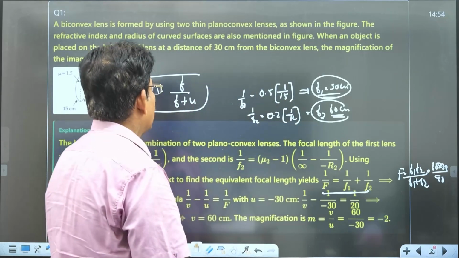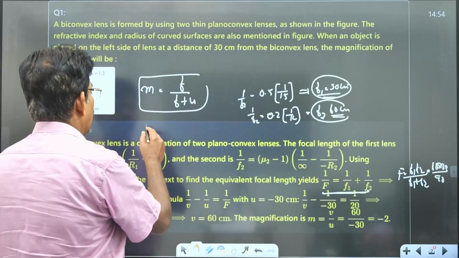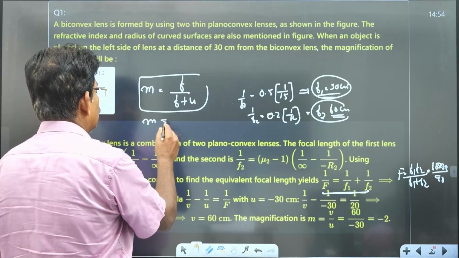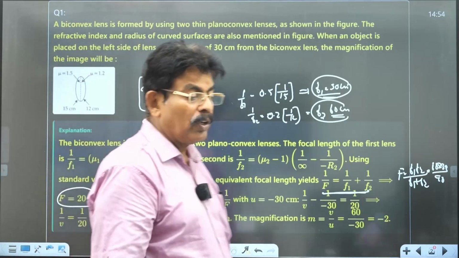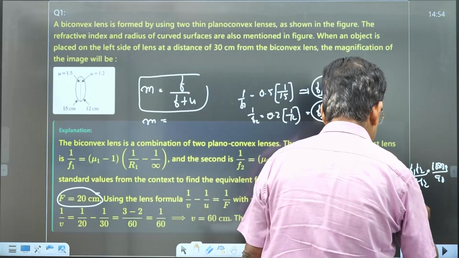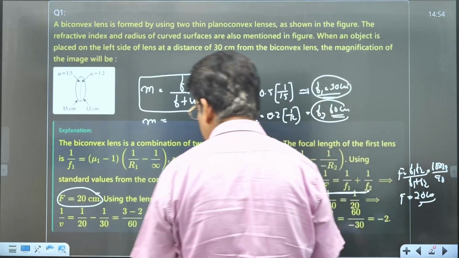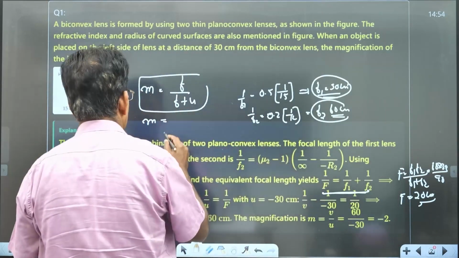But we can directly calculate m is equal to f divided by f plus u, where f is the combination's focal length, which we got as 20 centimeter.